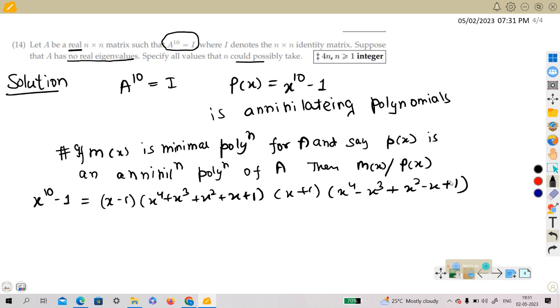This is the factorization of x to the power 10 minus 1. You can do the calculation yourself, not a big deal.